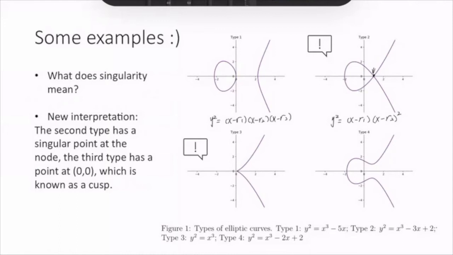And the third type that we're going to introduce will also not be differentiable at the point here with the marked arrow. And this could be written as y squared is equal to x minus r1 to the third. So at this point here, at 0, 0, there is a repeated root of r1, and the multiplicity of that point will be 3.